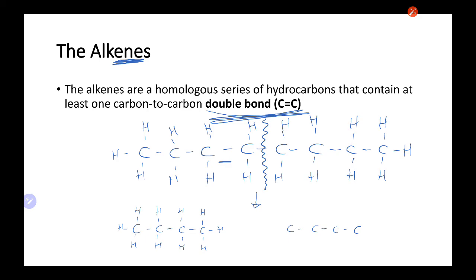We don't have enough hydrogens to make 2 alkanes. So what we've got in place of that is our alkene. The difference is that this one has got a double bond between these 2 carbons.